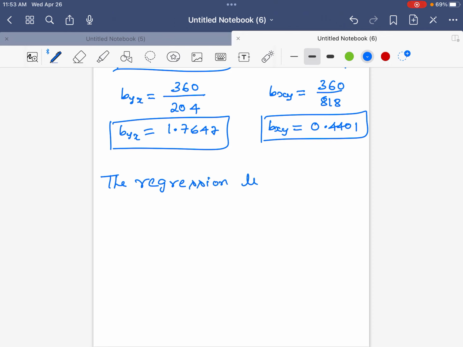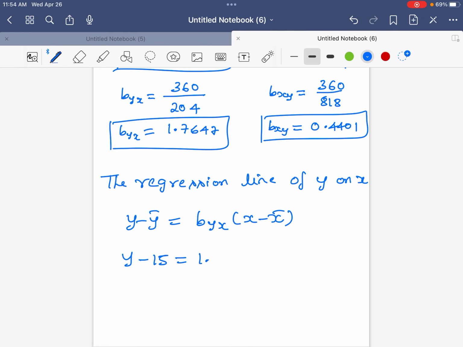First I will take the regression line of y on x. It is given by the formula y minus y bar equals byx multiplied by x minus x bar. Y bar is known to us, it is 15, which we have calculated.